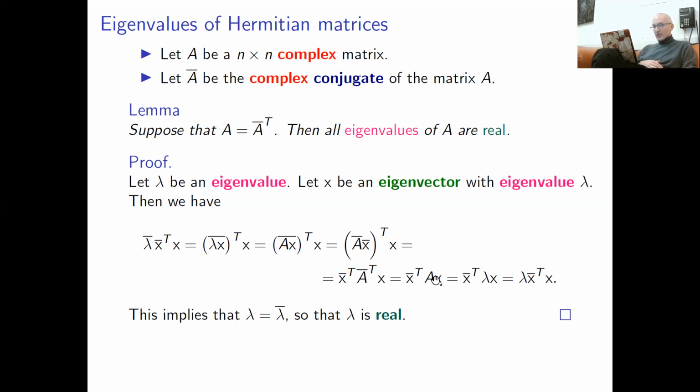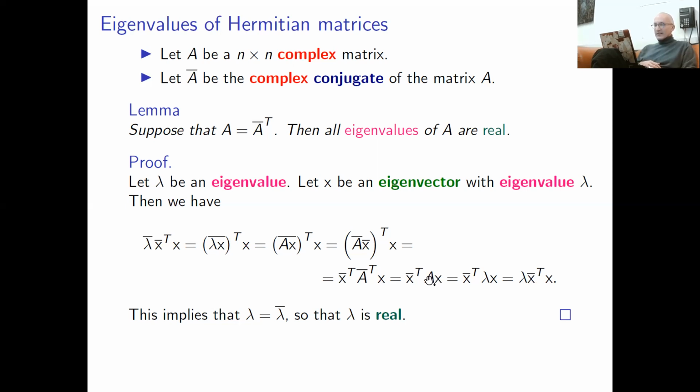First, you just use the fact that lambda is an eigenvalue and X is an eigenvector, so AX is just lambda X. Lambda is just a number, so you can put lambda outside of the product. This is lambda X bar transpose X. You get this.